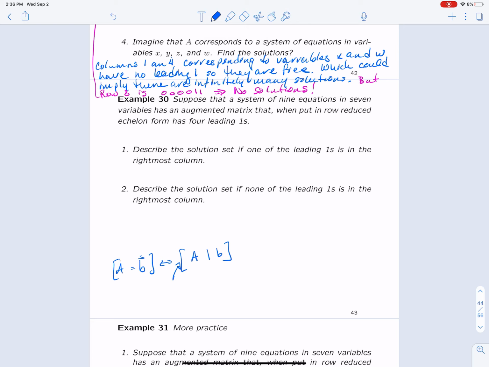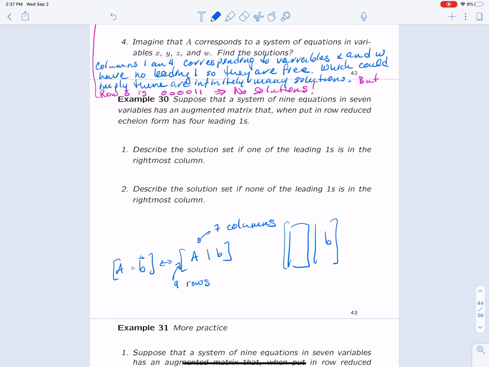I've got 9 equations, 9 rows, and I've got 7 columns. So it's going to be long and skinny, right? So I have more rows than I have columns.